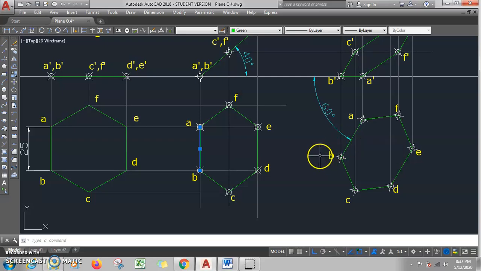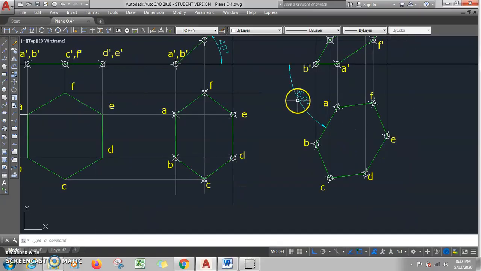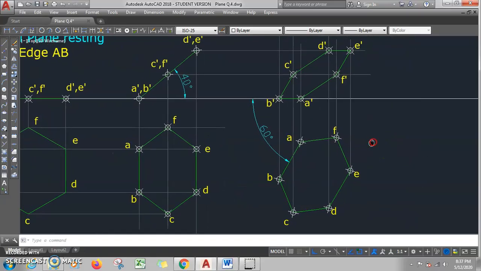So you can have multiple solutions. Here I have rotated in the clockwise direction. Clockwise means negative, minus 30°. I have copied this object, placed it here, and rotated it by minus 30° so that the angle of AB becomes 60°. This is my step.